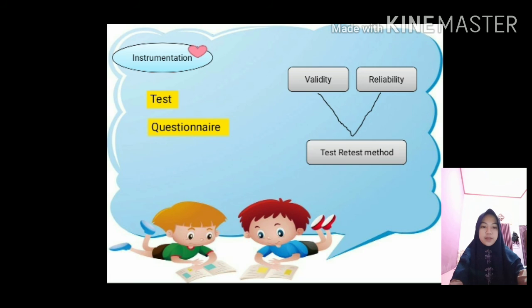The test-retest method involves administering the same test twice to the same group after a certain time interval has elapsed. So, the tests were tried out first to the 7th grade student of SMP IGM Palembang who don't become the sample of this research.